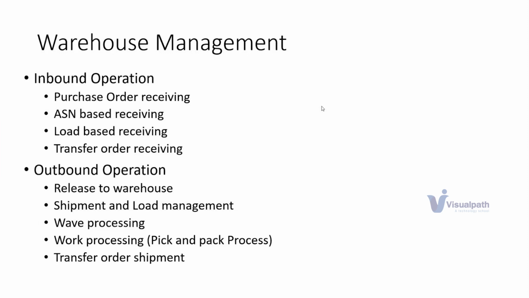Based on that, the system checks the warehouse location where this particular item can be kept, based on the fixed location or based on the available storage. There are some setups based on which the system suggests in which location the item can be placed, and once that has been received it will be assigned to a worker.